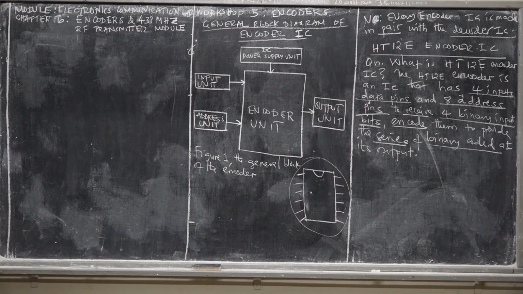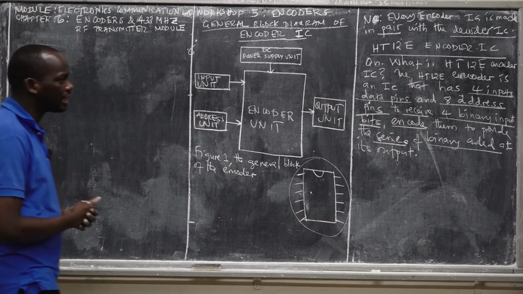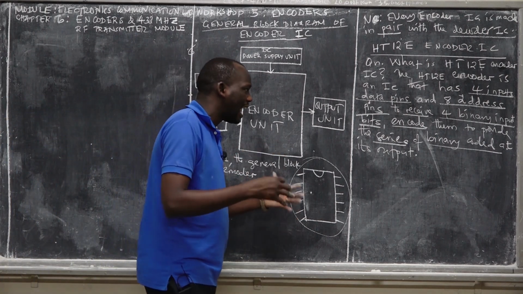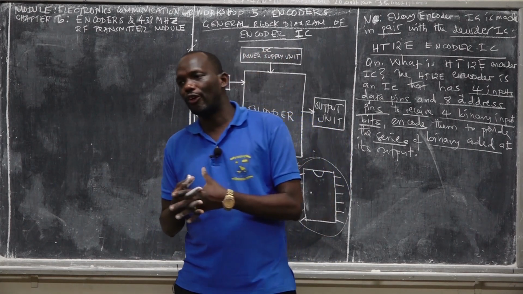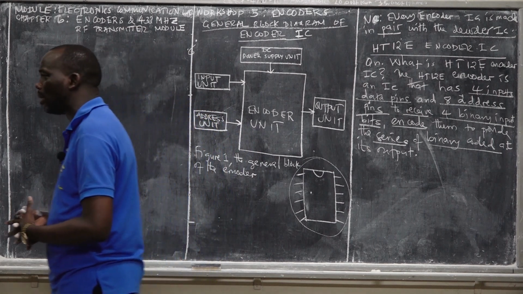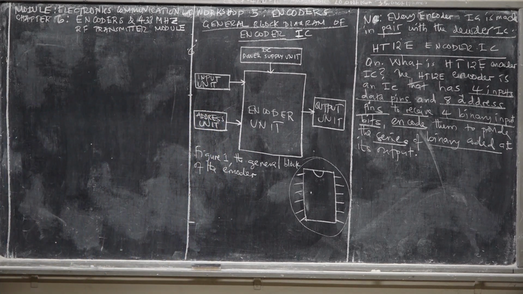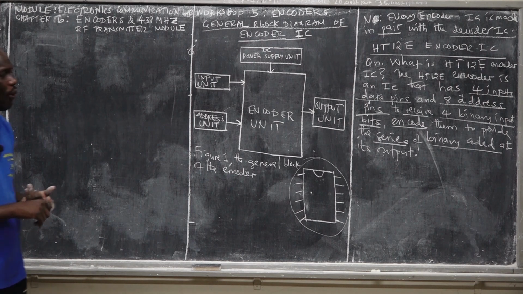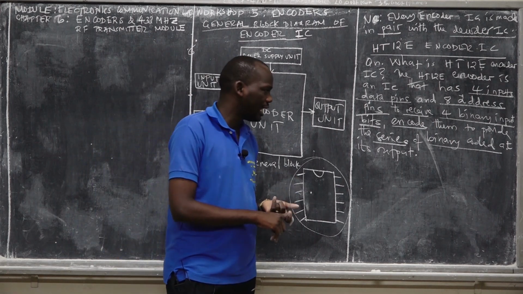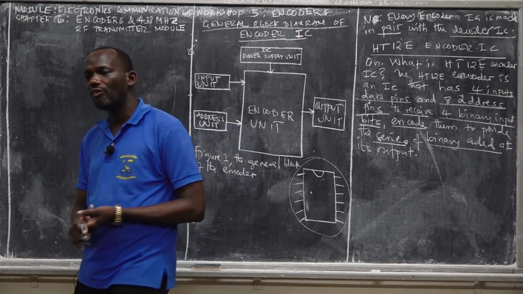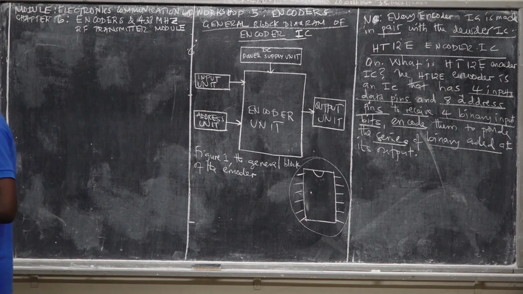The meaning is that this is a special purpose encoder that has 4 input data pins and also 8 address pins, and it can receive 4 binary inputs, that's the maximum. It can receive either 1 binary input or 2 or 3 or 4, but the maximum is 4. Then once it receives the binary input bits, it encodes them to provide a series of binary bits at its output.